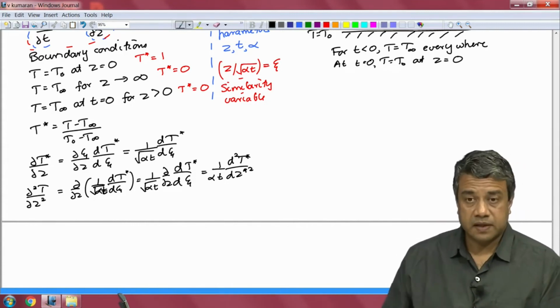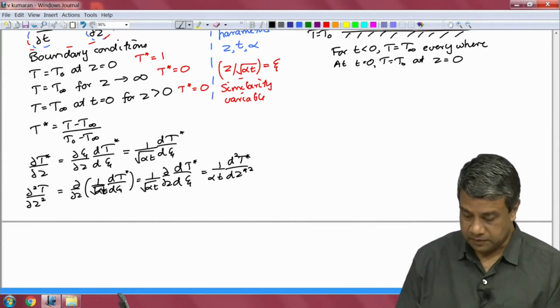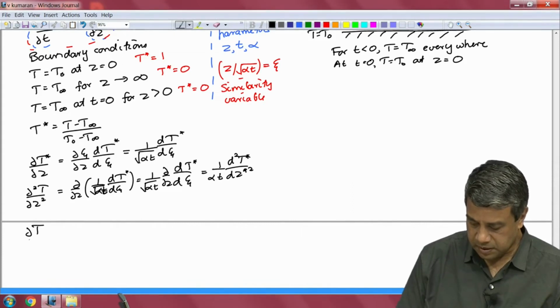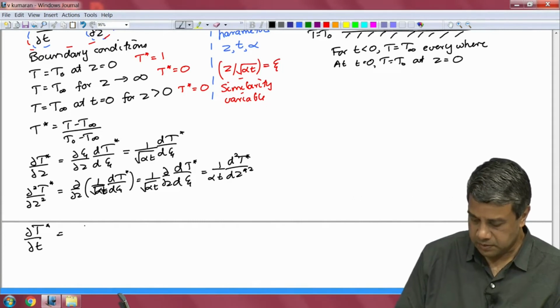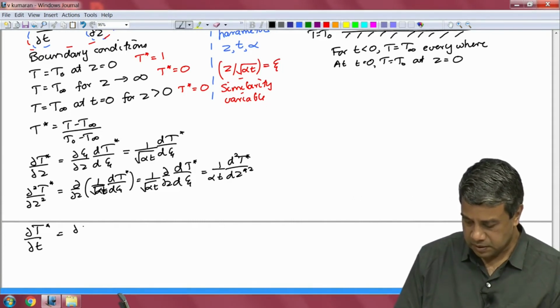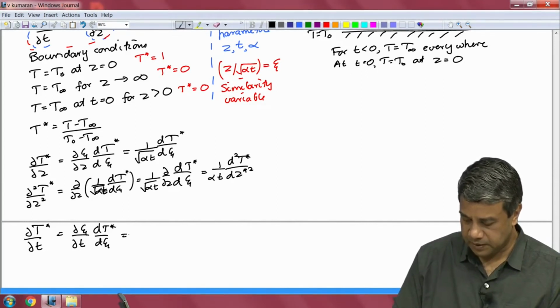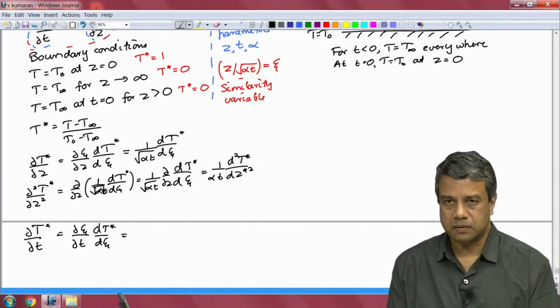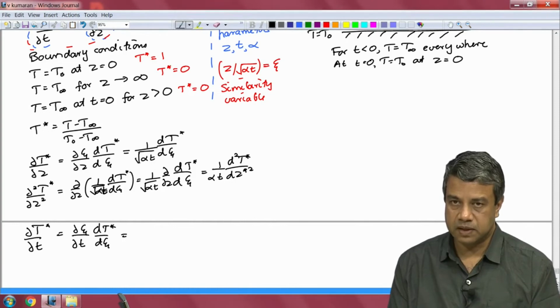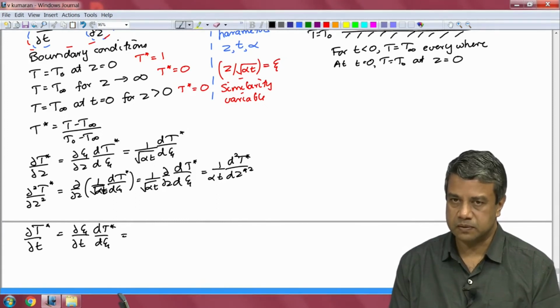And then I also have a time derivative. So partial t star by partial t is equal to partial psi by partial t times d t star by d psi. Psi is equal to z by root alpha t. The derivative of 1 over root t, that is t power minus half, will be minus half into t power minus 3 by 2.